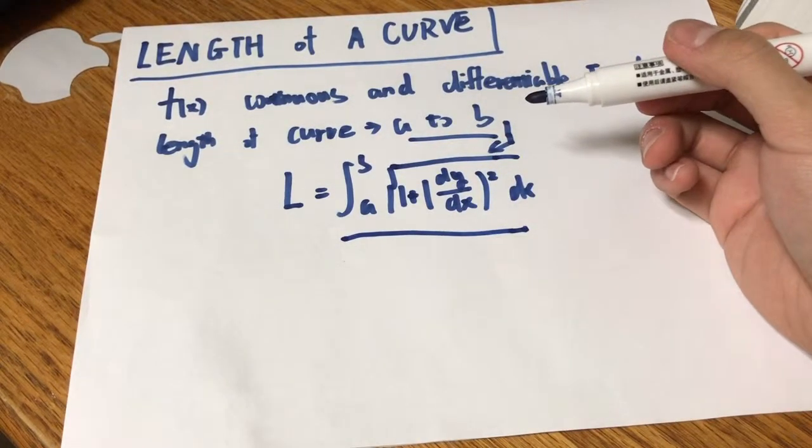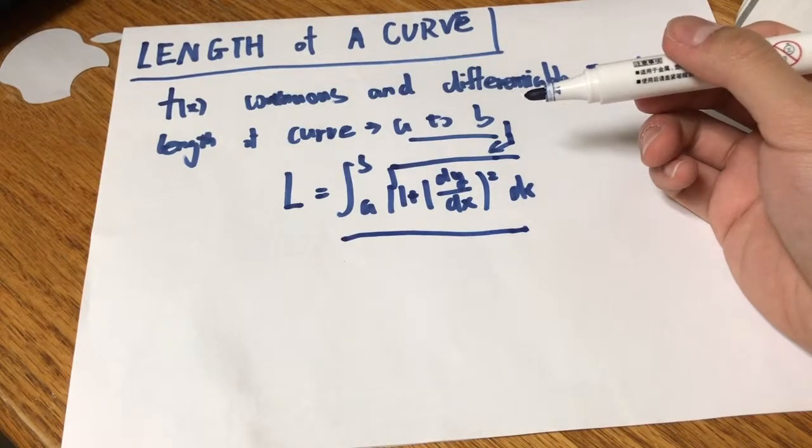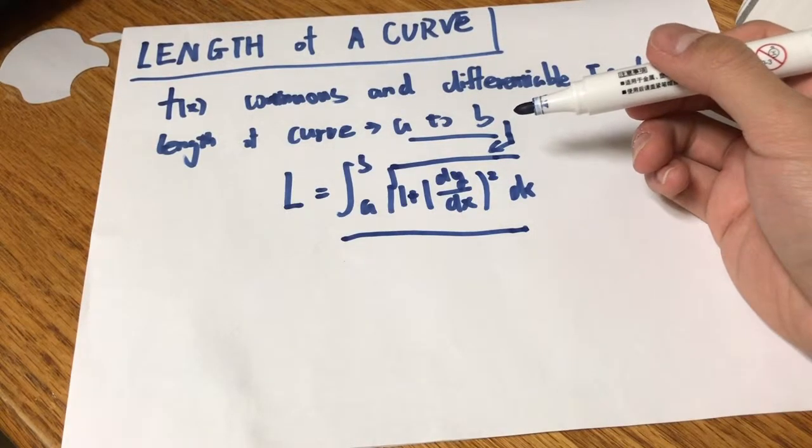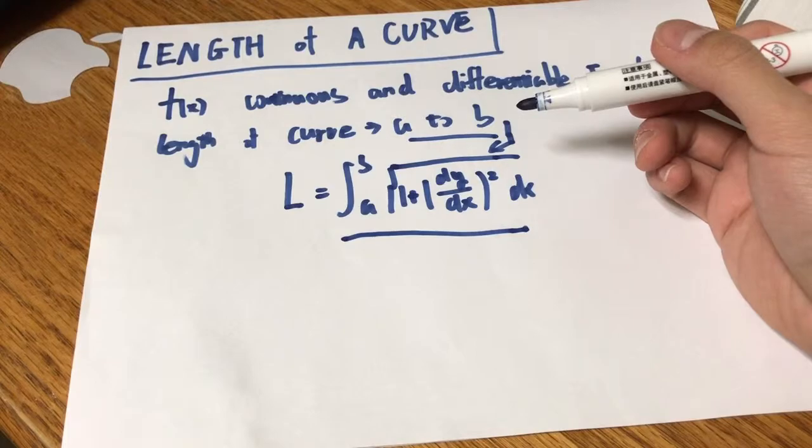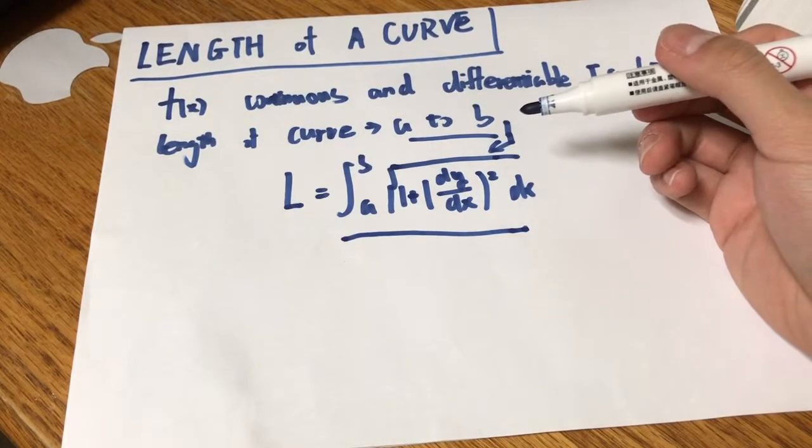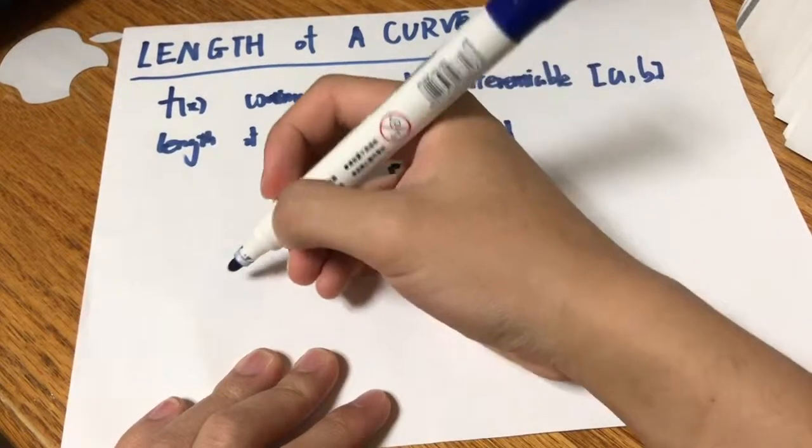However, sometimes you'll be given the curve as a function of y instead of as a function of x. So if that's the case, then you should use this formula instead.